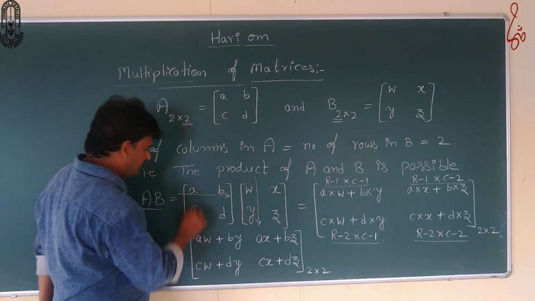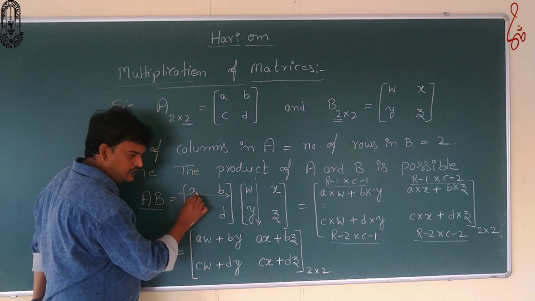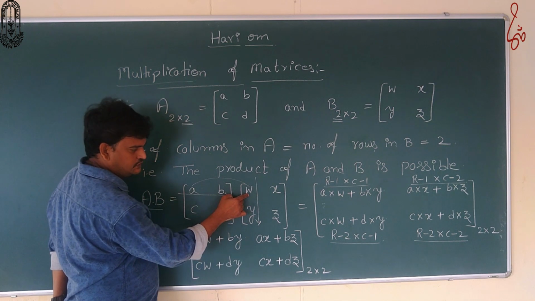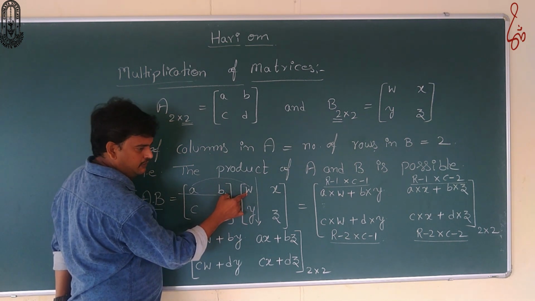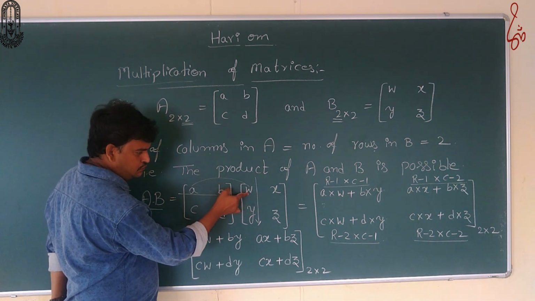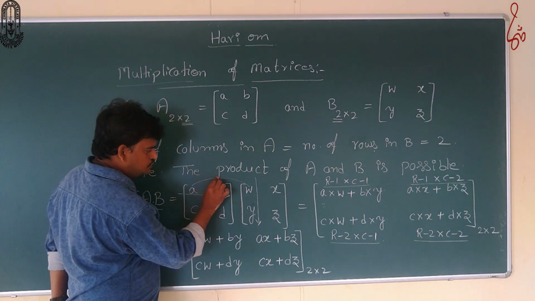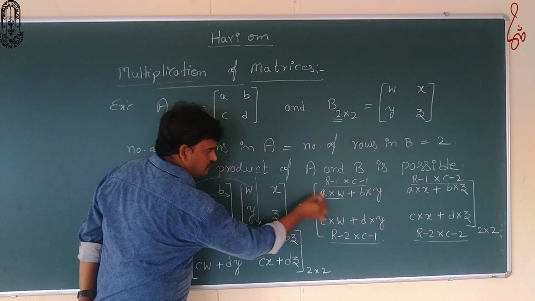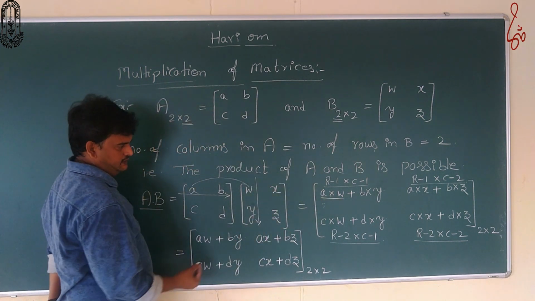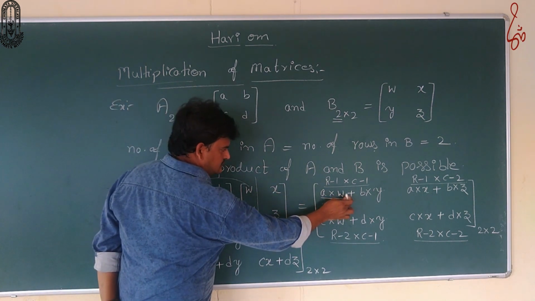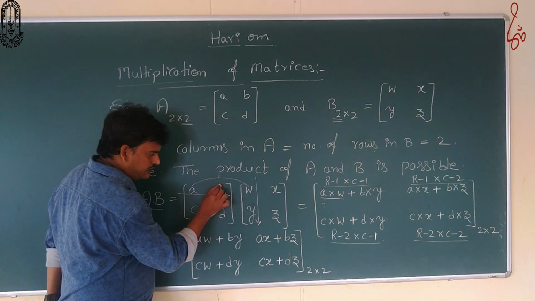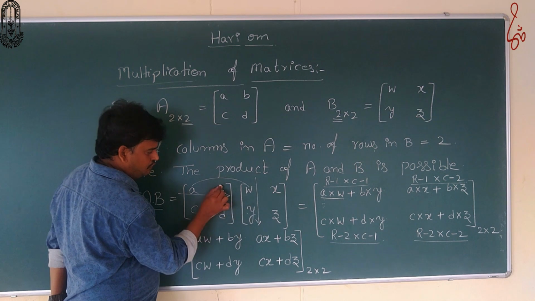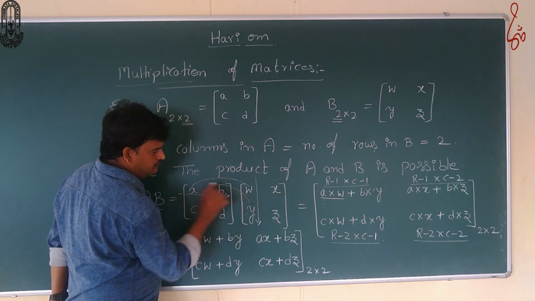Let us see. The first element of the first row, A, and the first element of the first column, W: A into W. These 2 elements should multiply. Next, plus the second element in the first row and the second element in the first column; these 2 elements should multiply.